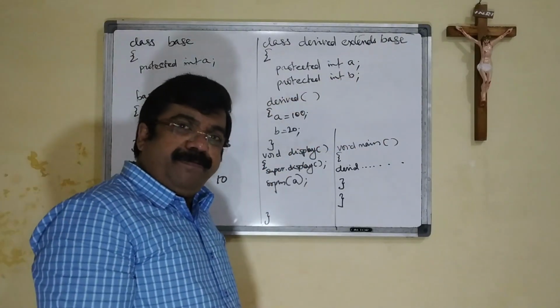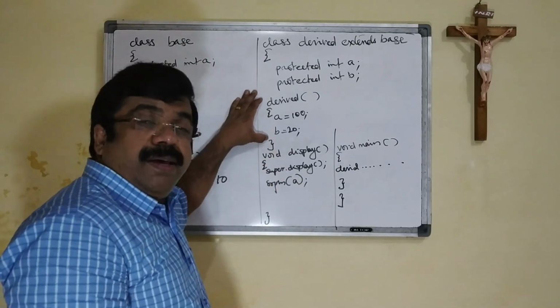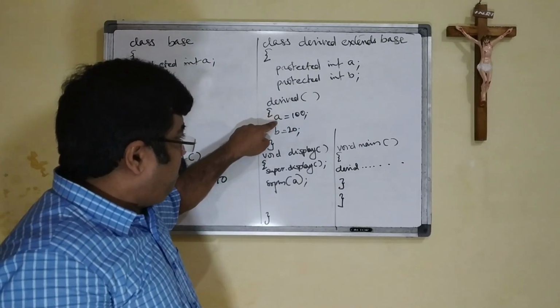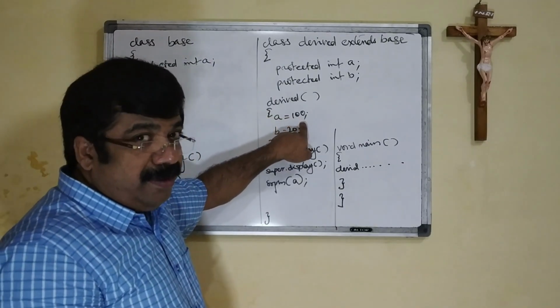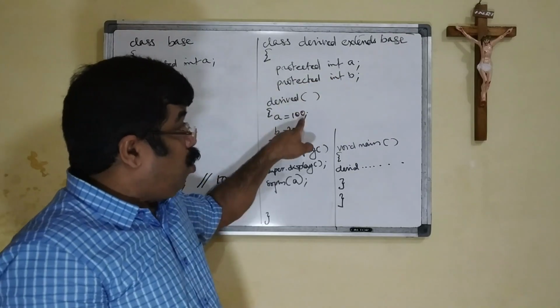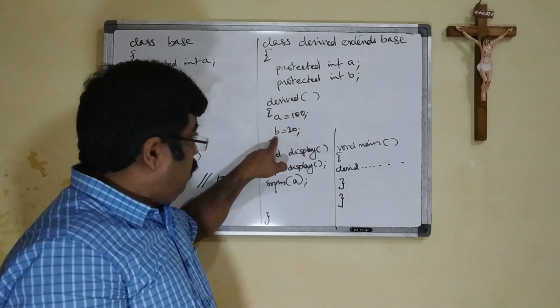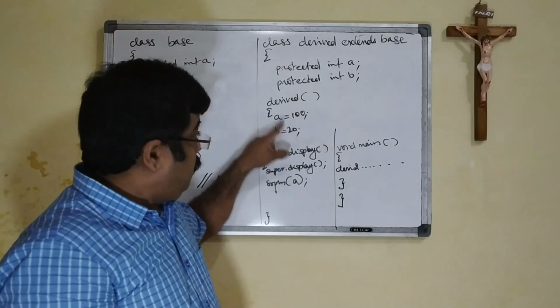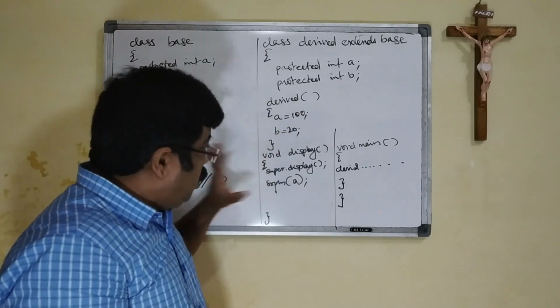Protected int B. In the constructor of the derived class, we give A equal to 100, which is A locally, B equal to 20, currently. After that, the display function.